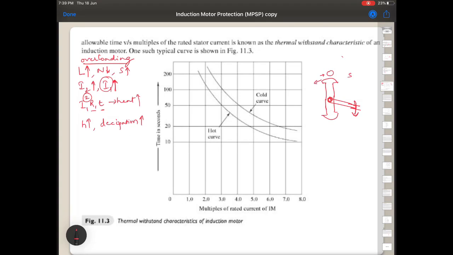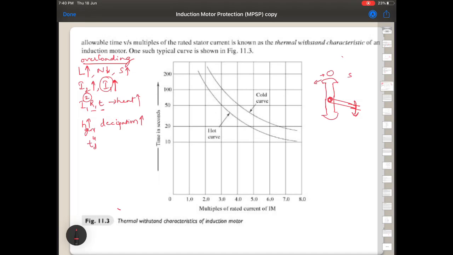During normal operating condition, heat will be there, but it is below the allowable thermal rating, so there is no problem. Now there is a certain temperature at which the heat generated is the same as the heat dissipated. That temperature is called the state of equilibrium.